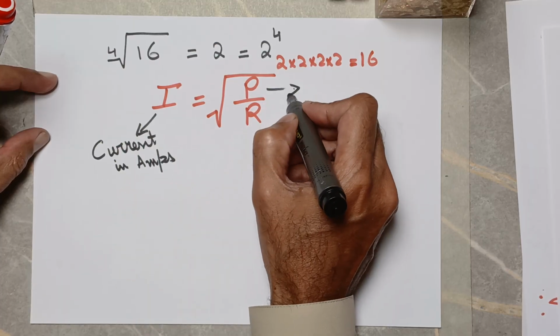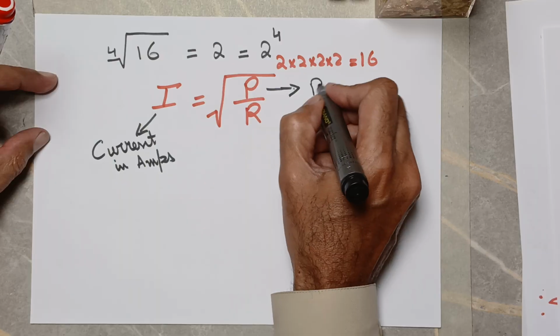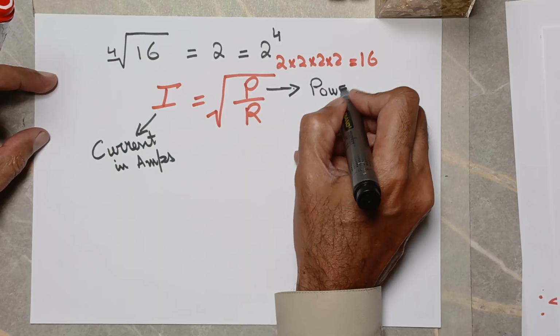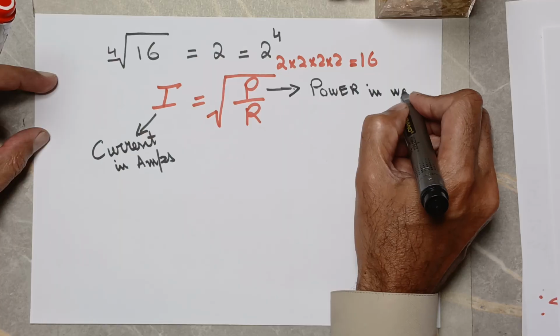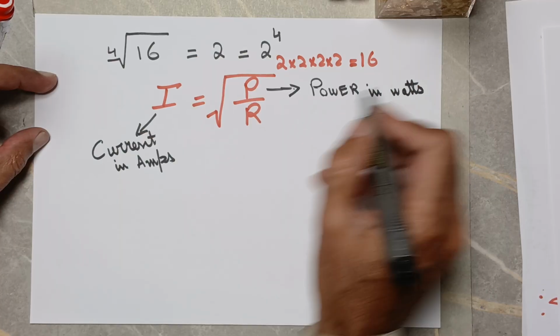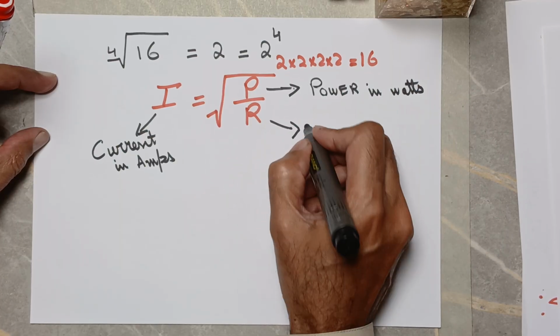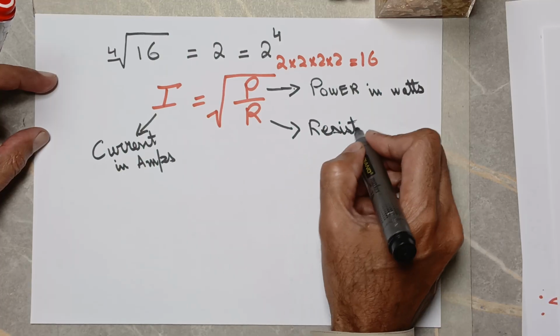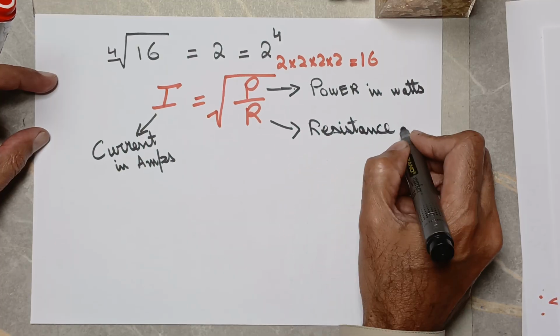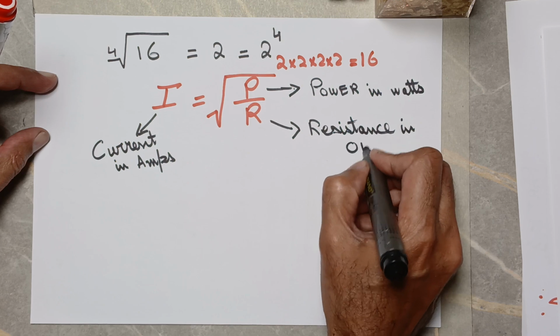This P is your power dissipation in watts, power in watts. And this R is your resistance in ohms.